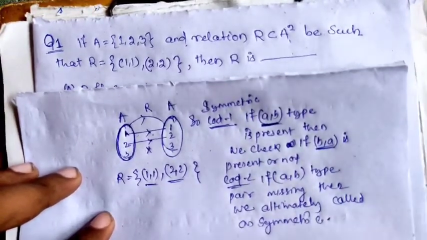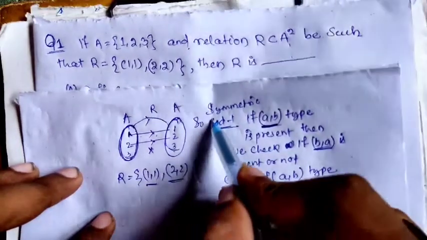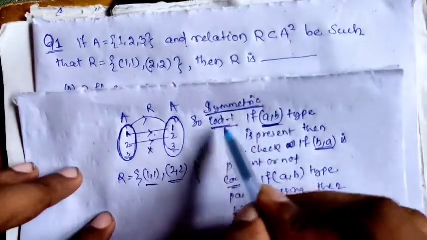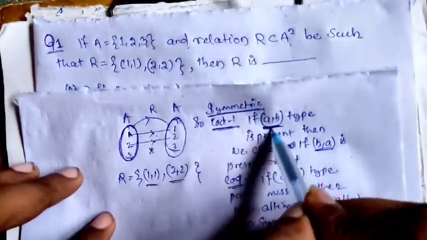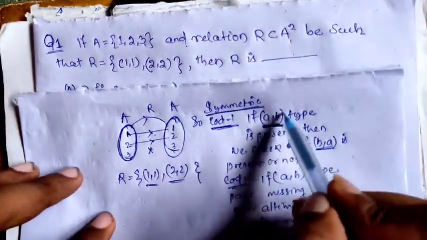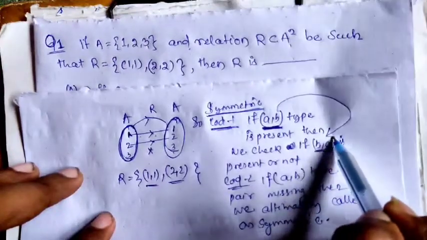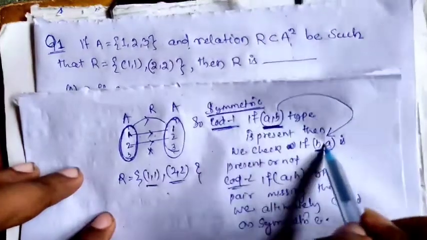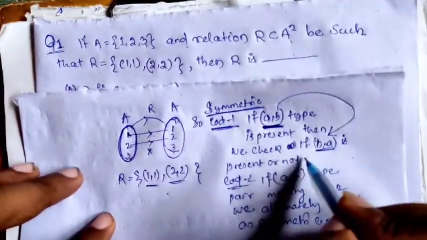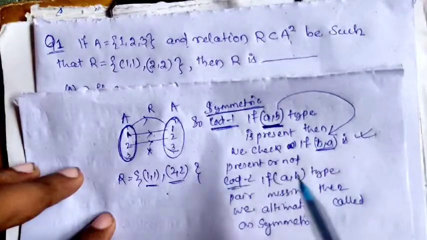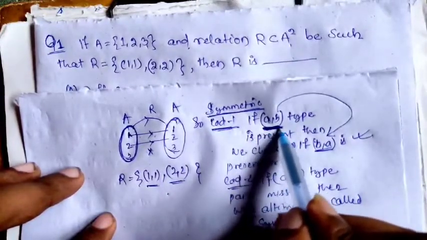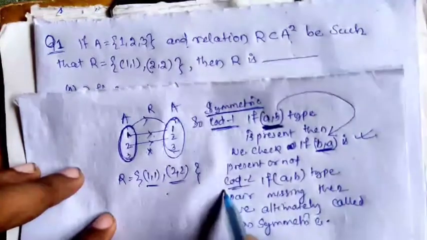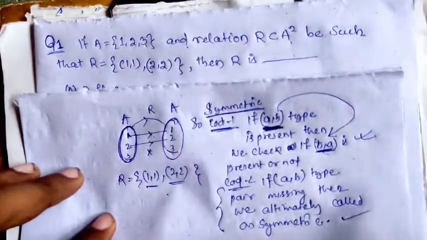Okay, so the first condition says that if an AB type ordered pair is present, then a BA type ordered pair should be present in the relation. If these two ordered pairs are present, then we call it symmetric. If one ordered pair is missing, then it is ultimately called a non-symmetric one.